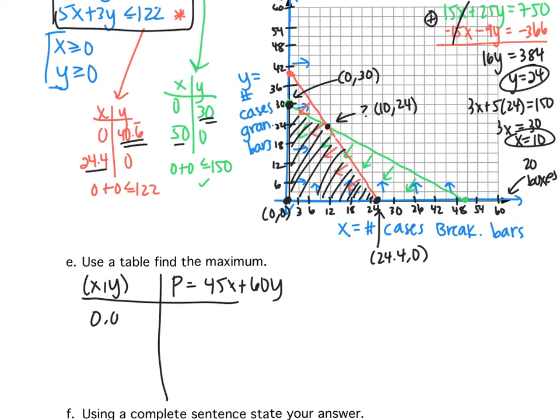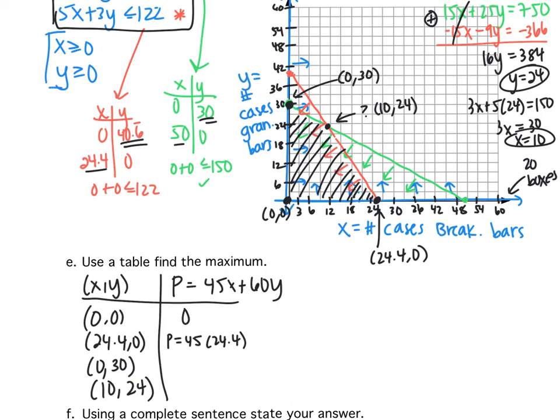So we have our points 0, 0, 24.4, 0, 0, 30, and 10, 24. When I plug 0, 0 in, of course I just get 0. When I plug in that 24.4, I get 45 times 24.4.